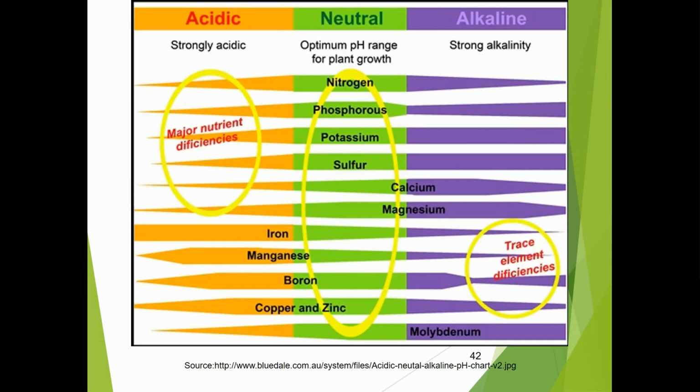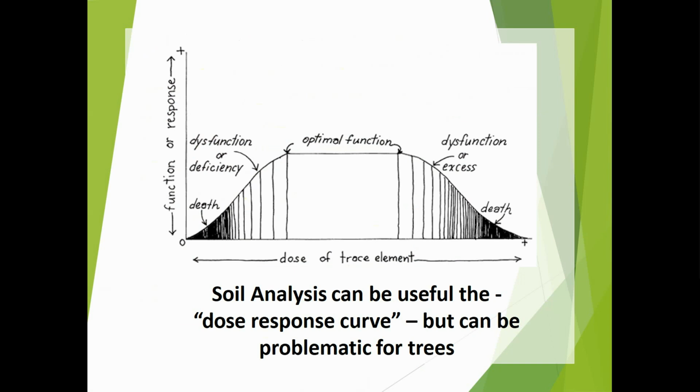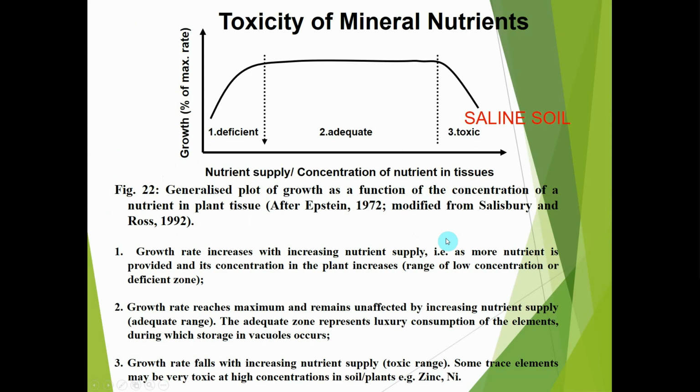We know that soils prefer 5.5 to 6.5 pH, and we understand that as the plant absorbs these, it can either make it more acidic or more alkaline. We understand a dose response curve, and especially that in terms of essential elements, we could have where we don't have enough and then we have excess, but in terms of it becoming toxic, we could eventually have death.